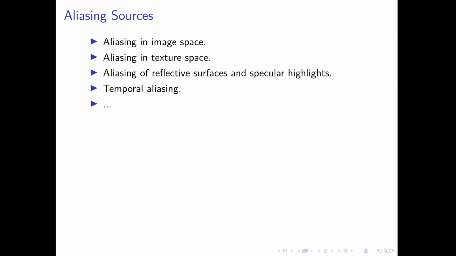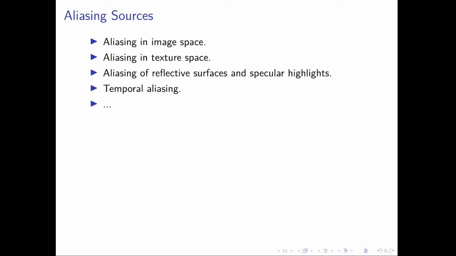And then there is also something that's called temporal aliasing. Temporal aliasing basically means that you're rendering two consecutive frames, and the scene is in movement. And I know we assume the scene doesn't move, but for our purposes, there is some movement in the scene, be it just that the camera moves. And therefore, objects that earlier were in a certain region of the screen now move and are in different regions of the screen.